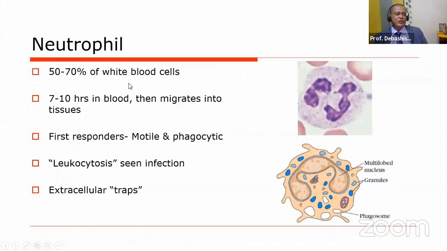Neutrophils, as you know, are 50 to 70% of white cells, and they last 7 to 10 hours in blood, then migrate to tissues. They are often the first responders of any immune response, and they are motile and phagocytic. They respond by leukocytosis in infection, and they are important for neutrophil extracellular traps, which, as you know, are very important for autoimmune diseases like lupus and some vasculitic conditions.